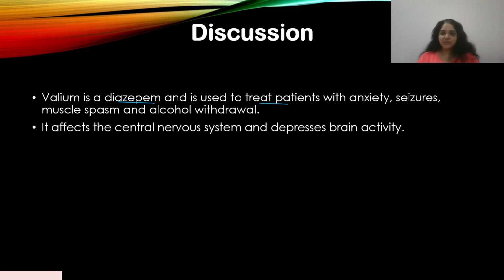Valium is a medicine that is used by psychiatrists to treat these patients. Obviously, this is not used as a sedative or a pain reliever. The pain reliever is different. That's morphine. So Valium, in this case, is the appropriate answer. Learn it as a fact.